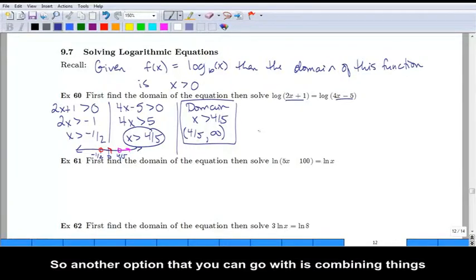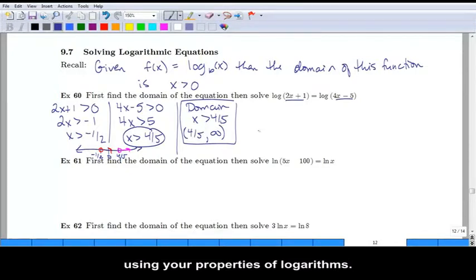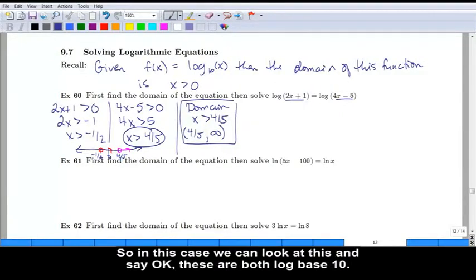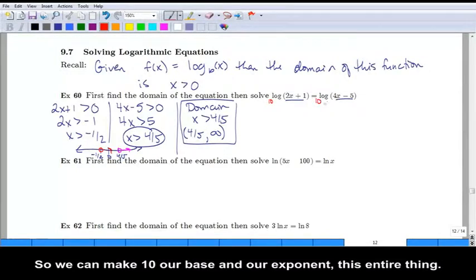So another option that you can go with is combining things using our properties of logarithms, and then again rewriting it in exponential form. So in this case, we can look at this and say, okay, these are both log base 10, so we can make 10 our base and our exponent this entire thing.